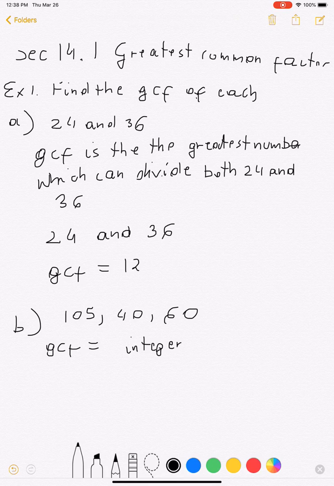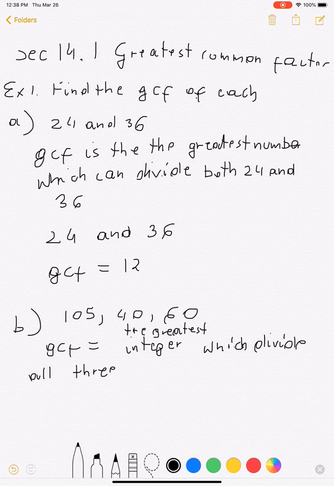The greatest integer which can divide all 3 numbers. 105, 40, and 60, and the greatest common factor will be 5. 5 can divide 105, 5 can divide 40, 5 can divide 60. So GCF equals 5.